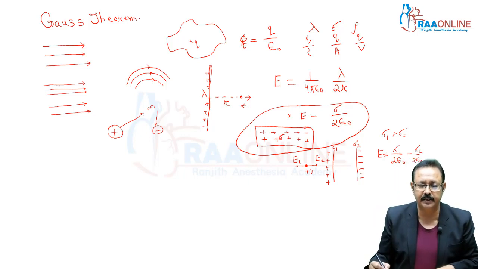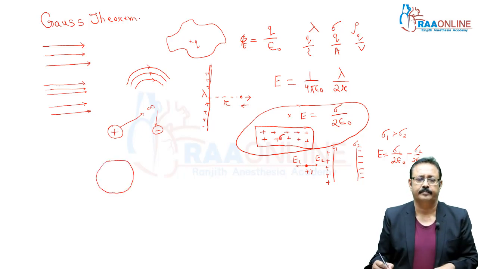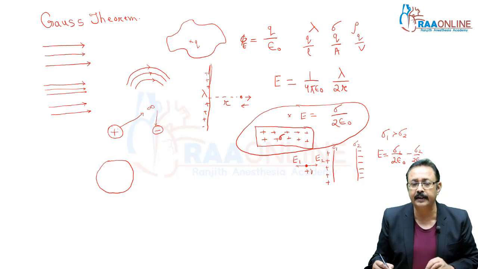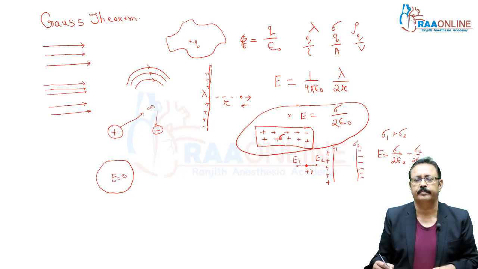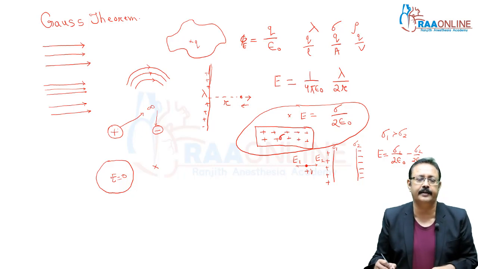One more thing is this: if you have a conducting shell, since inside the shell there is no charge, the electric field inside is 0. But for any point outside, it will behave as if the whole charge is at its center.